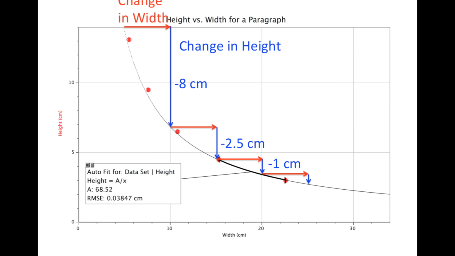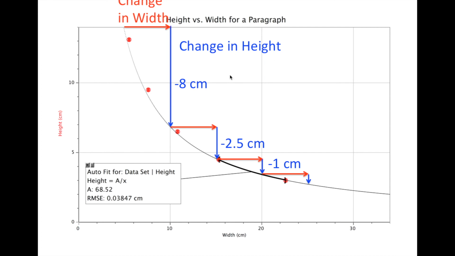And then to explain it in detail, we want to look at equal changes in width. So I picked changes in width of 5 centimeters. For example, as we have this width of 5 centimeters, the height of the paragraph decreases by 8 centimeters. As we increase the width another 5 centimeters, the height of the paragraph only decreases by 2.5 centimeters.